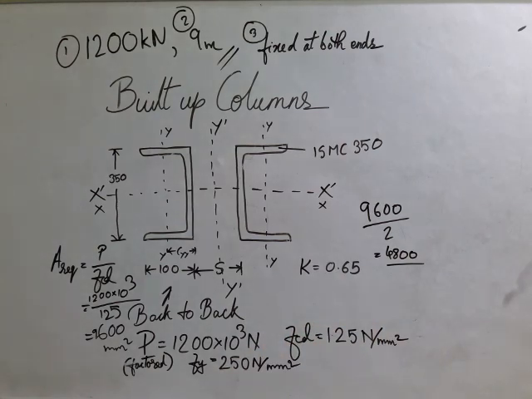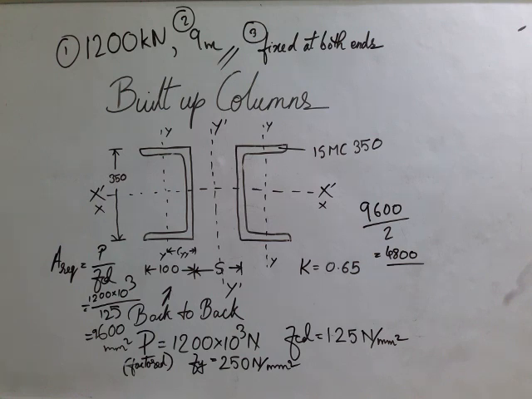If the area should be 9600 in total, then the area of one channel section should be 4800. So let us find one channel section whose area is greater than 4800. Then if we combine them both, it will be more than 9600.